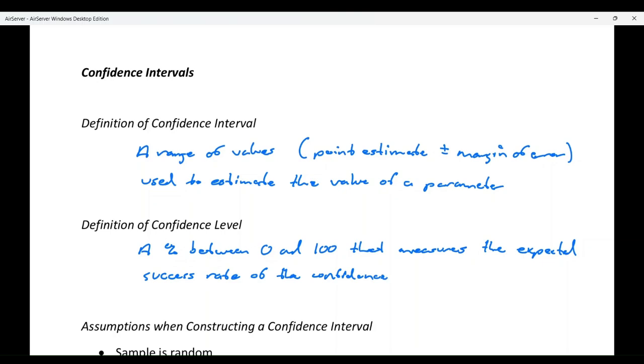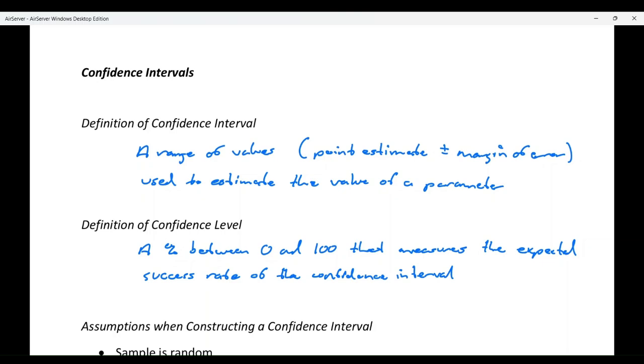So when I say, for example, that I am 95% confident that my interval captures the true average weight of men in the United States, what I'm really saying is that if I were to take a sample and find a confidence interval, and take another sample and find a confidence interval, and take another sample and find a confidence interval, if I were to do that a bunch of times, hundreds, maybe even thousands of times, I would expect that about 95% of all of those confidence intervals would actually capture the true average weight of adult men.